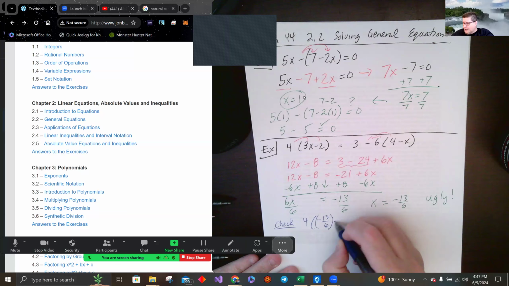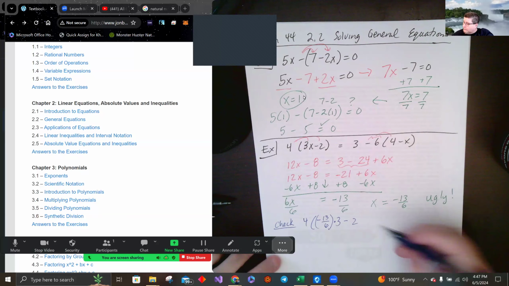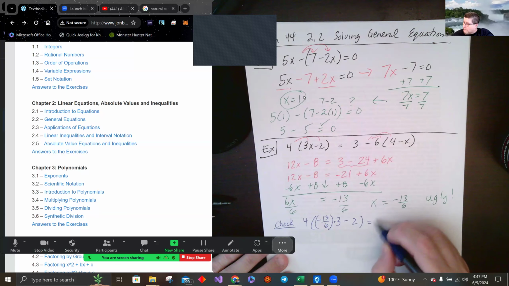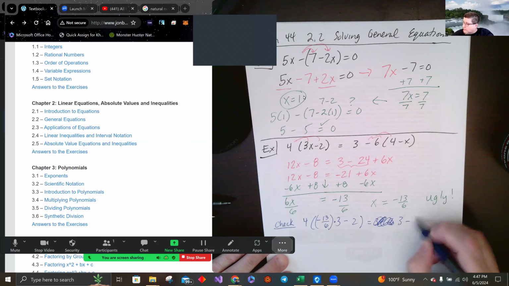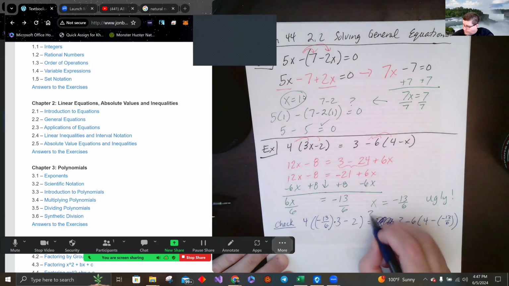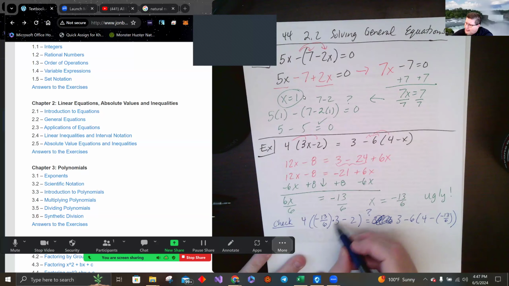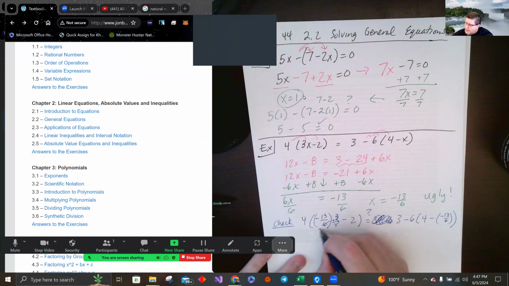And that's times 3. I wrote it in the wrong order. Sorry. Well, here the 3 cleans up with the 6. 6 is 2 times 3, so I can cancel that.